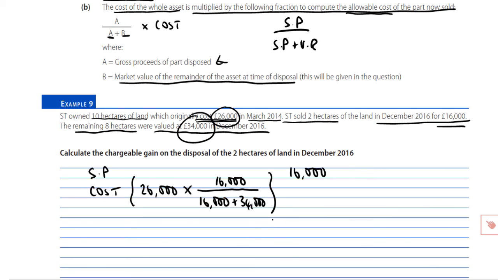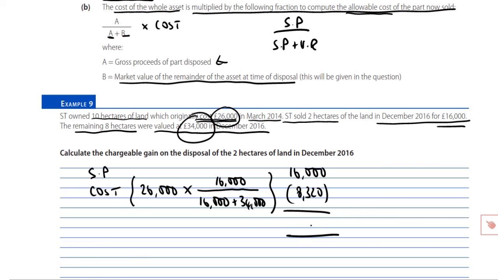So we multiply that out, so get your calculators out, 26,000 times 16 over 16 plus 34, so it's 16/50ths there. Work out what that comes to. And all being well, if I've got my arithmetic correct anyway, I made that £8,320 worth of allowable cost, 8,320.